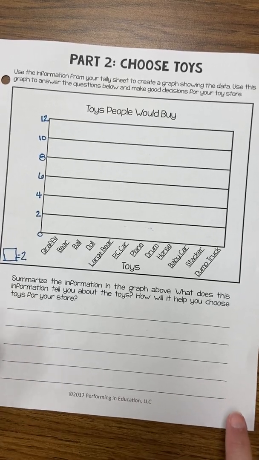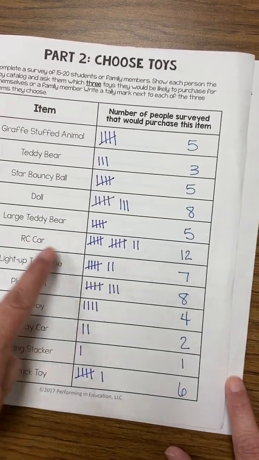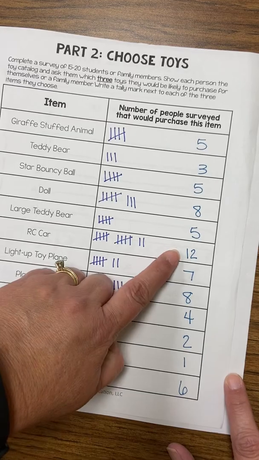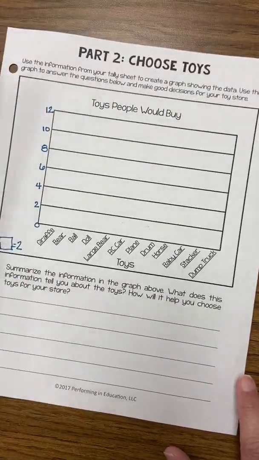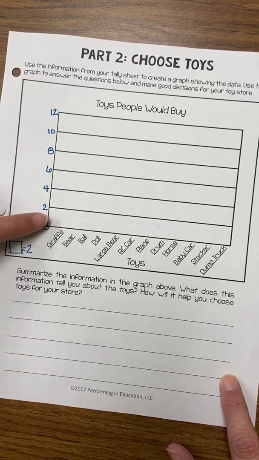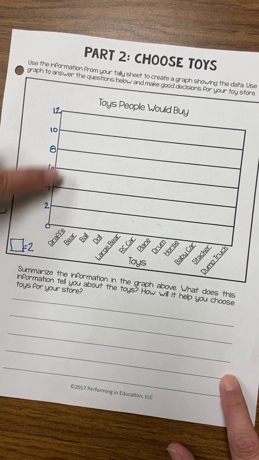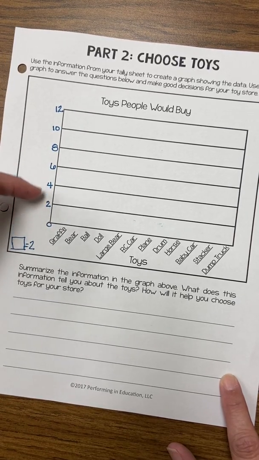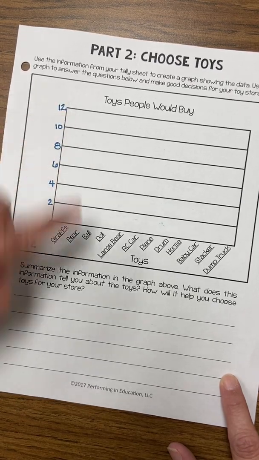What I chose, when I looked, the toy that had the most on my graph was the RC car, and 12 people picked that toy. So I know that my highest number on my scale has to be 12. Each block is going to be worth 2, so I did my scale in increments of 2: 2, 4, 6, 8, 10, 12.